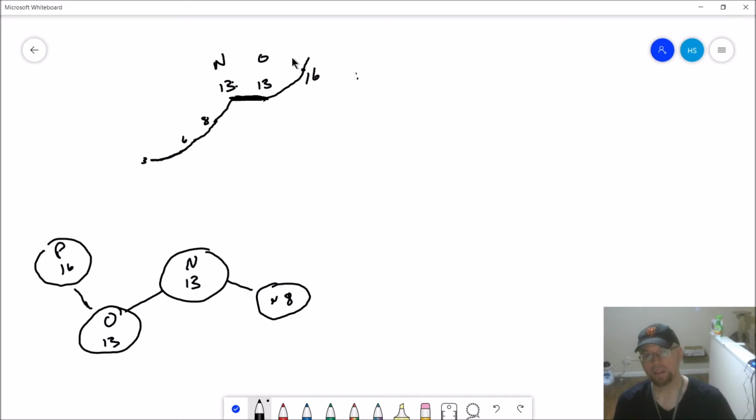Because P is worth 16, and maybe that's the best state we can find. But guess what? We got trapped in our search here because the algorithm stops when you don't have anybody with a higher value than your current node. So when N was considered current, its biggest neighbor was 13.